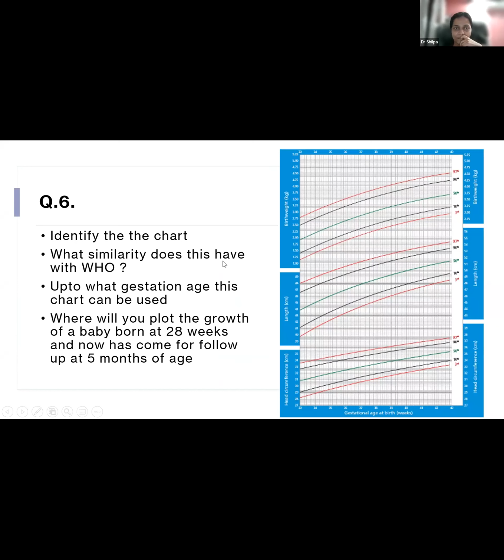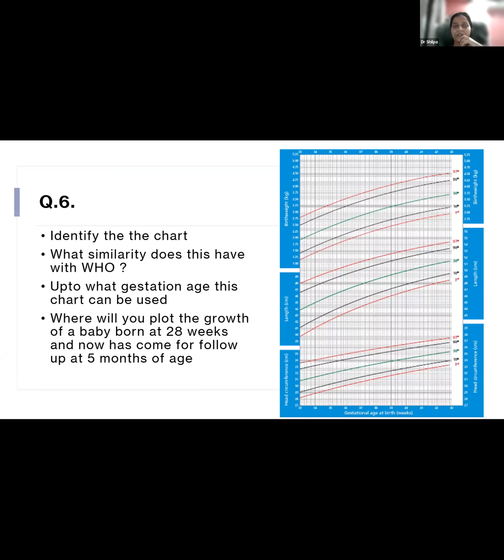Most of them are writing Intergrowth 21 chart, but for the gestation age, they're writing 40 weeks, and then some have written 64 weeks. Yes, it is 64 weeks. It is Intergrowth, and the similarity is they are multicentric growth charts based on prescriptive standards, right? So that's the similarity between WHO and Intergrowth.